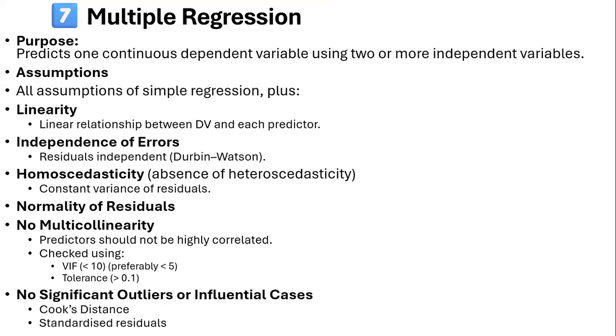Then in some social circumstances, attempts may be made to predict a dependent variable using more than one independent variable. Under such circumstances, you cannot use simple linear regression. You have to make reference to what we call multiple regression.